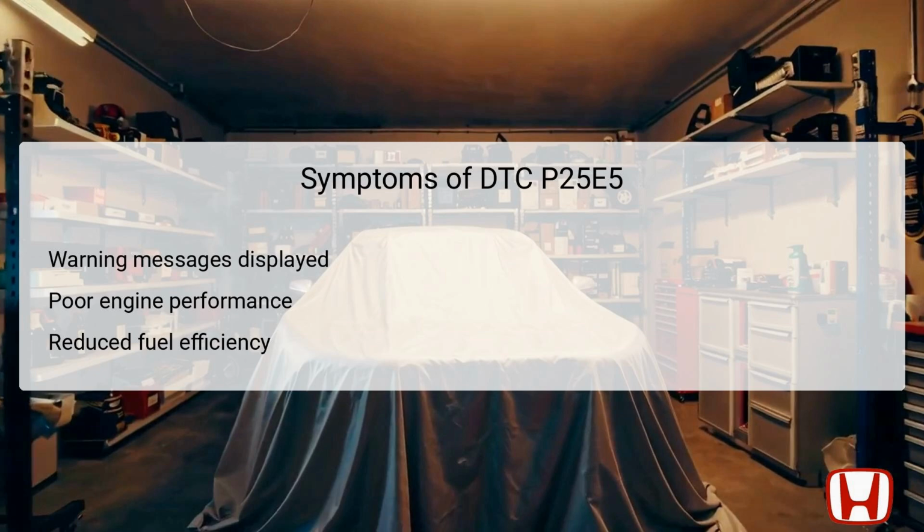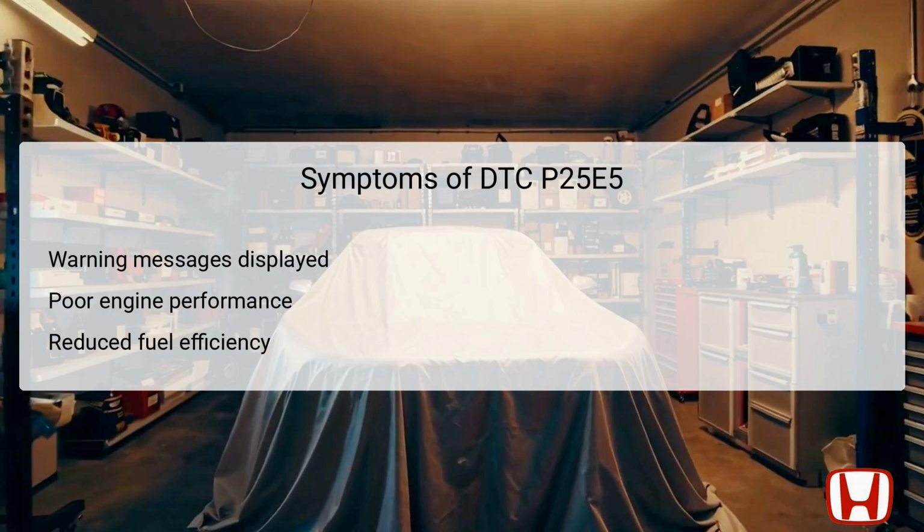You may notice various symptoms if the P25E5 DTC has been triggered. One prominent indicator is the appearance of warning messages on the vehicle's dashboard, indicating an issue with the VTC system. Alongside these warnings, the overall engine performance may noticeably decline. You might experience sluggish acceleration or rough idling.